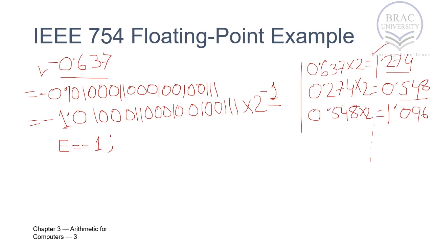Now if we'd like to represent this exponent in the bias notation, let's say this is Q, we need to add 127 to it, which would give us 126 in decimal, and the representation of this in binary is 01111110.